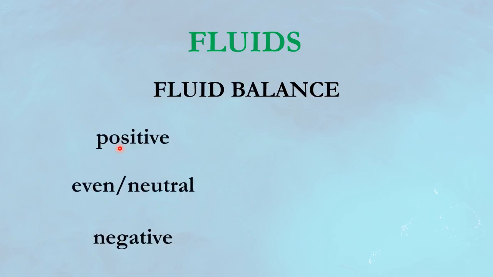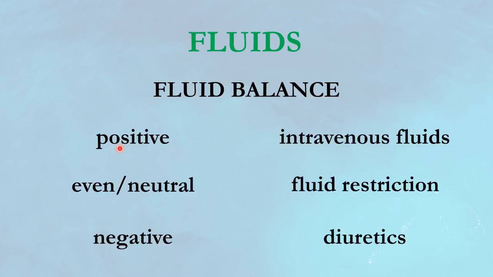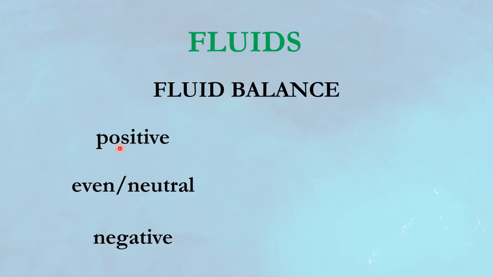So there's what we call positive fluid balance, even or neutral fluid balance, or negative fluid balance. Okay, positive balance meaning the patient has more fluid in the body. Even or neutral is just average. You're in between, neutral. Okay, you're not overloaded. At the same time, you're not underfilled. Okay, and then negative, that means you're a bit dry or underfilled.